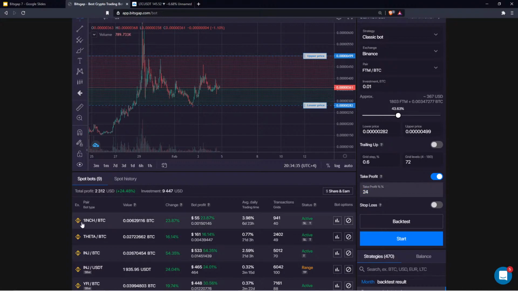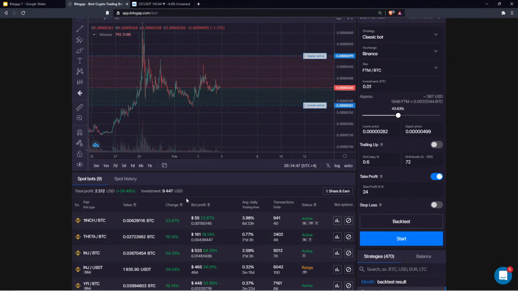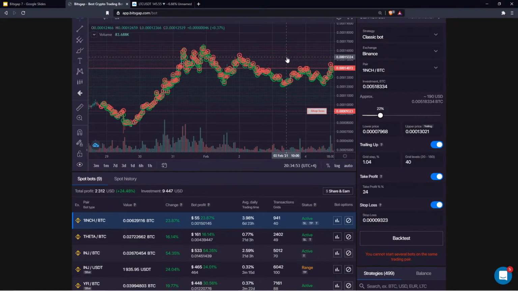So for example, you see for 1inch BTC, my investment change is 23.87. So if I set the take profit here to 24%, as soon as it reaches 24, it will automatically close the bot. Okay.